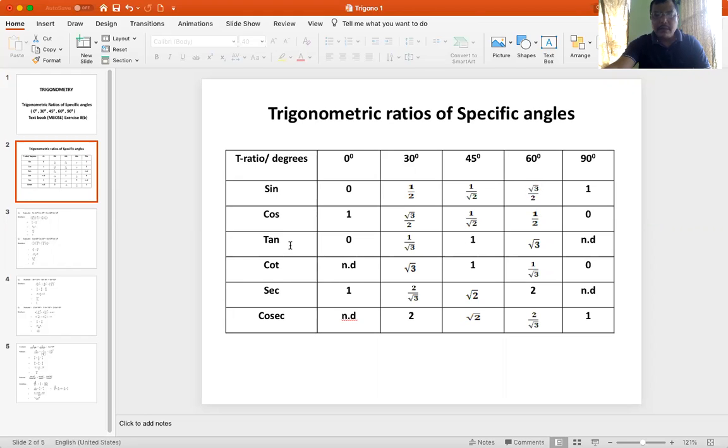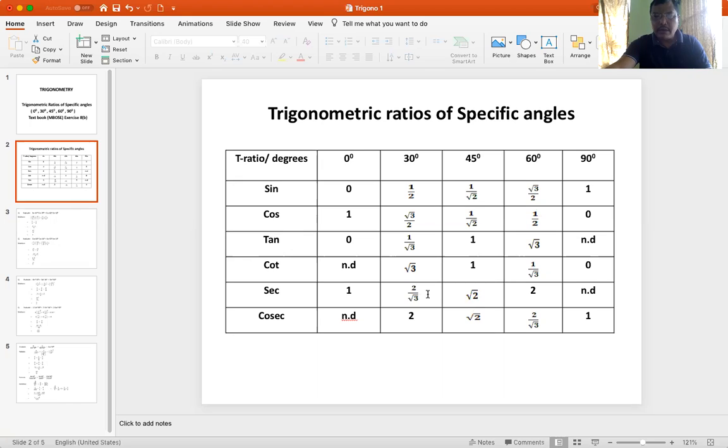For example, we want to find or know the value of tan 30 degree. Now, with respect to tan, if we compare vertically to 30 degree, we find that tan 30 degree is 1 by root 3. Again, suppose you want the value of sec 45 degree. Comparing the ratio sec with respect to 45 degree, we find that its value is root 2.